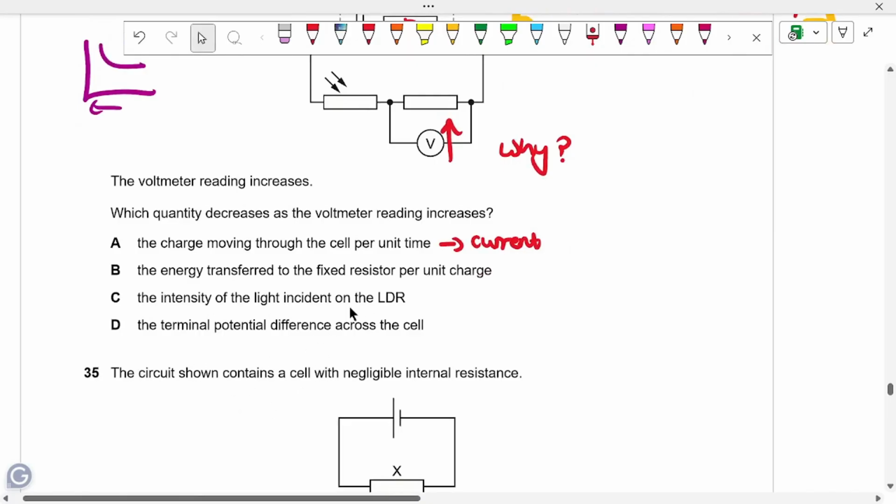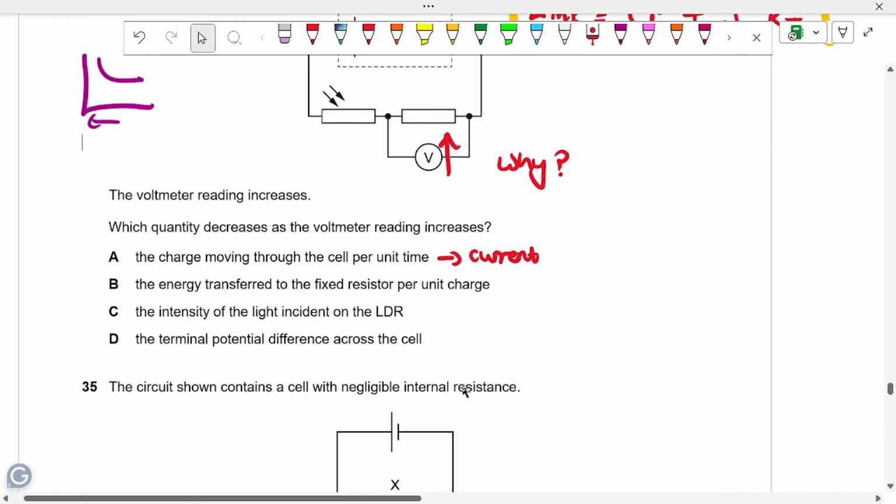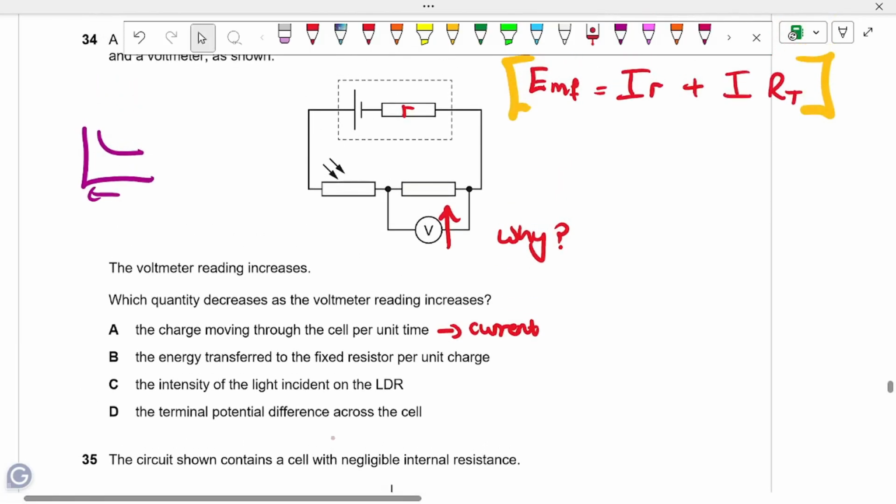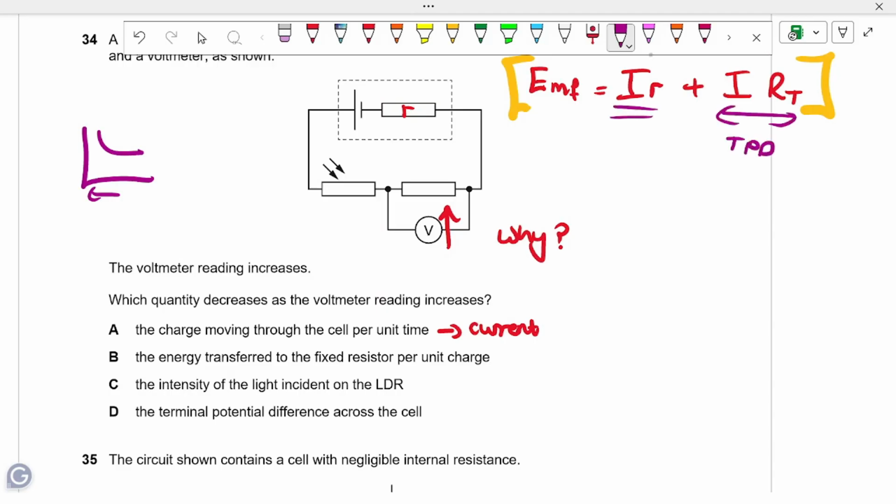But the terminal potential difference across the cell, if it actually decreases, then I expect that the current has increased, right? Remember, like I said, in order for the terminal potential difference to decrease, the current has increased so that the Ir itself increases. In order for the terminal PD to decrease, Ir has to increase, right?